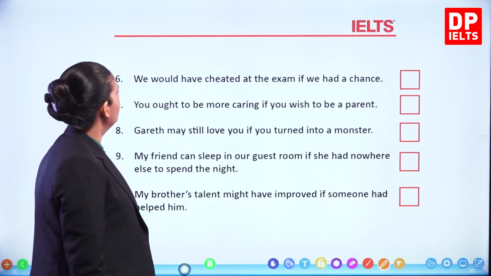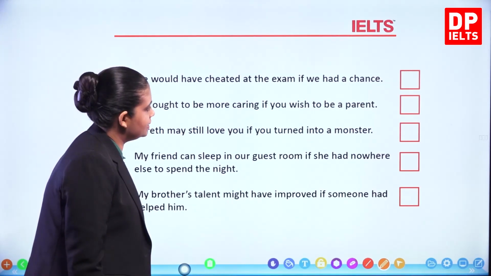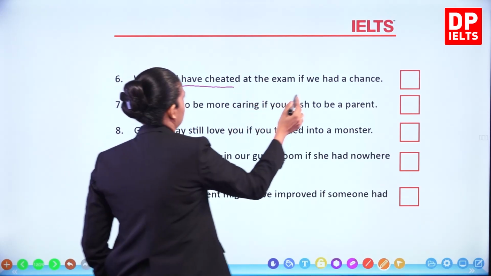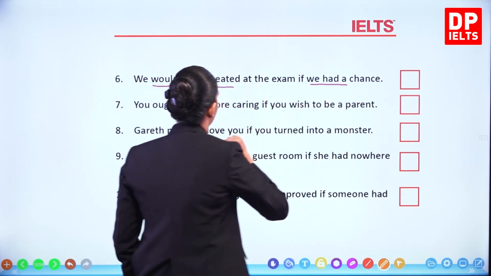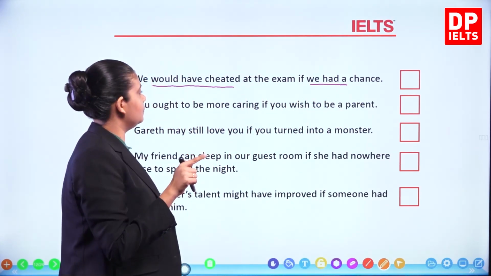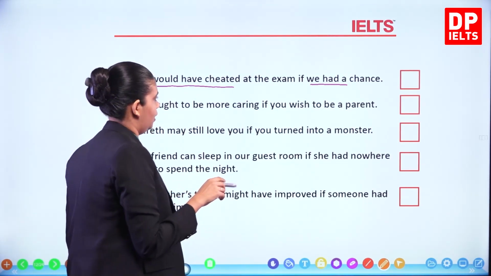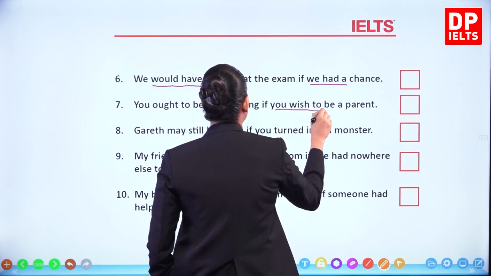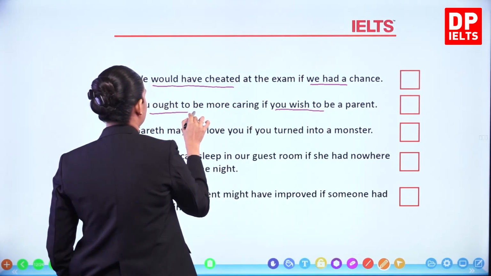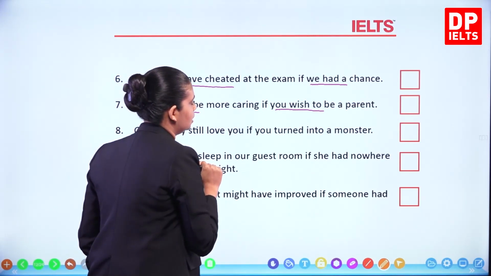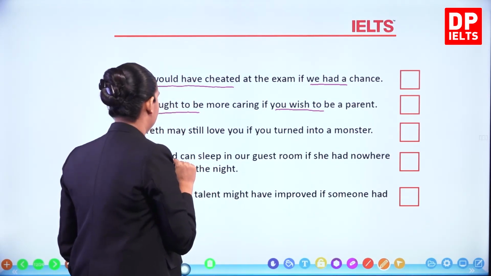Next one. We would have cheated at the exam if we had a chance. You ought to be more caring if you wish to be a parent. Okay? If you wish to be a parent. Gareth may still love you if you turned into a monster.